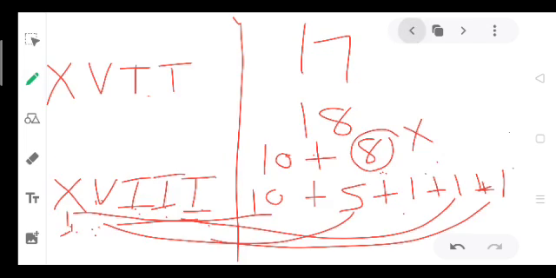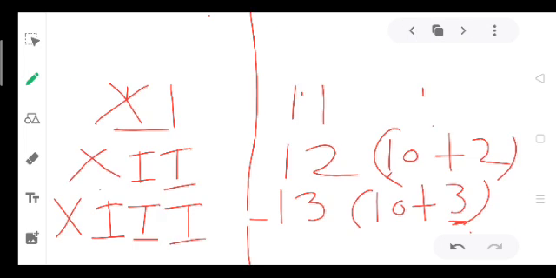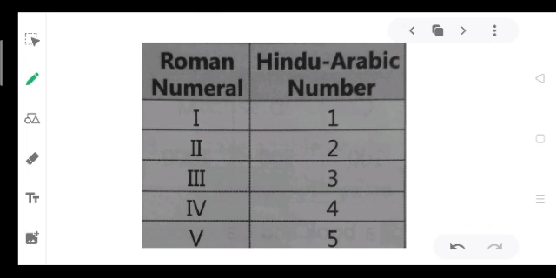with the help of a table. Here is the Roman numeral and Hindu-Arabic number table. For 1 they are using I, 2 is II, 3 is III, 4: firstly 5 and then on the right side I, on the left side I. Left side smaller numeral shows subtraction. So IV shows 4, 5 minus 1.